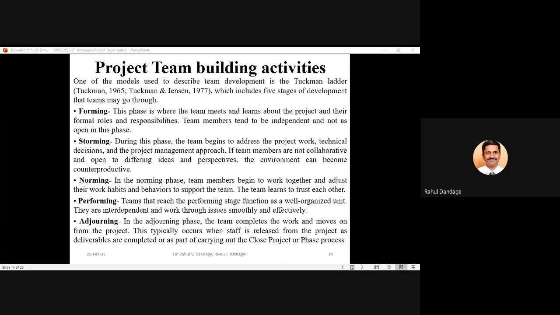In this particular phase, if the team members are not collaborative and open to differing ideas and perspectives, the environment can become counterproductive. So it is essential that in this phase, the team members must show their collaborativeness. They must show their enthusiasm. They should be open to offer ideas.